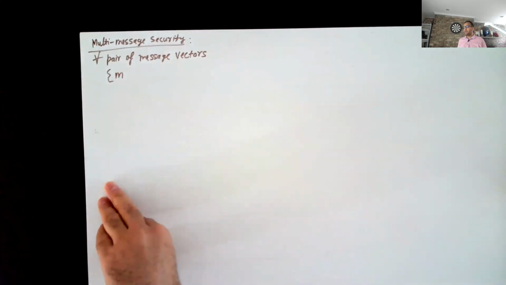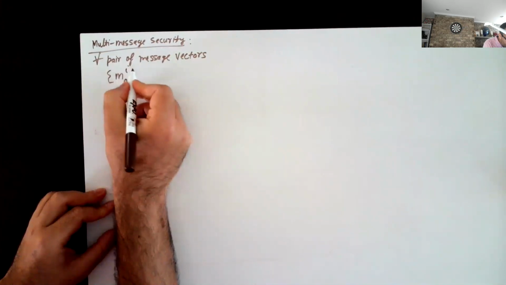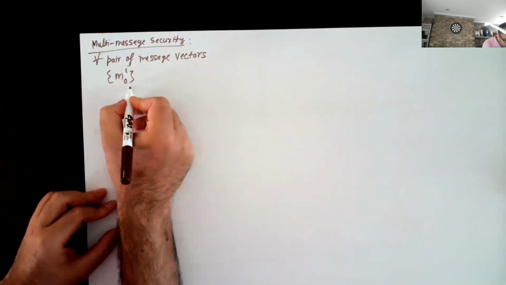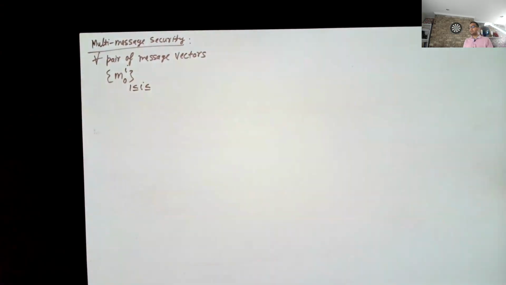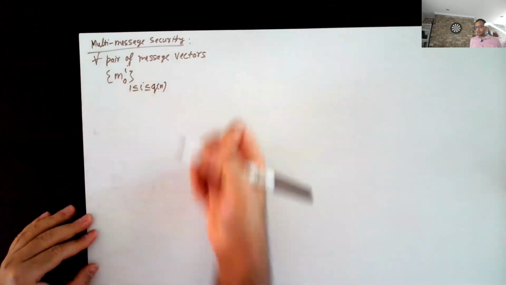M0i, where i goes from 1 to, let's say, Q(n). Here Q is a polynomial.